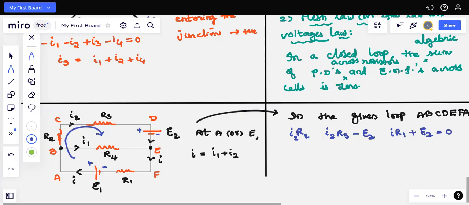Now we have to put the sign conventions for the PDs across the resistors, like I2 R2. Generally, what you know, does current flow from higher potential to lower, or lower to higher? Current flows from higher potential to lower potential.